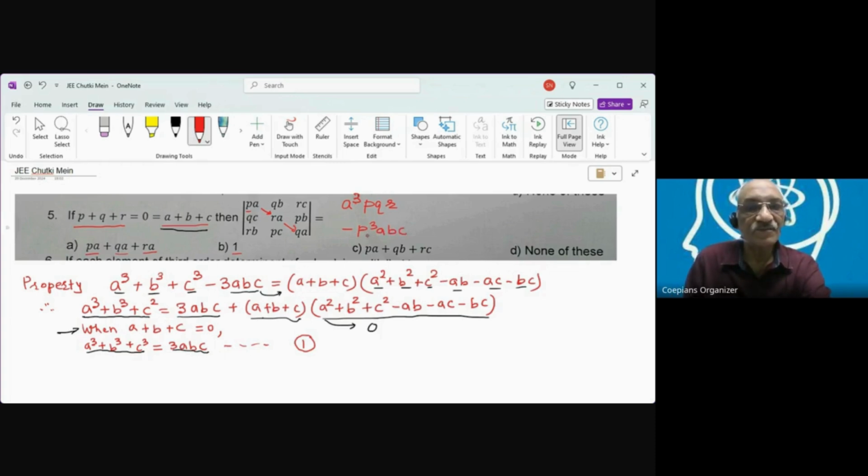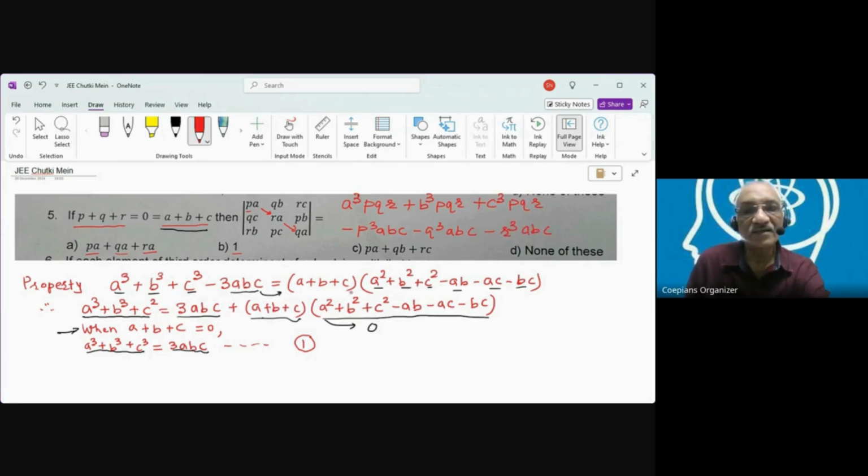The next term becomes b cube pqr minus q cube abc, and the third term becomes c cube pqr minus r cube abc.